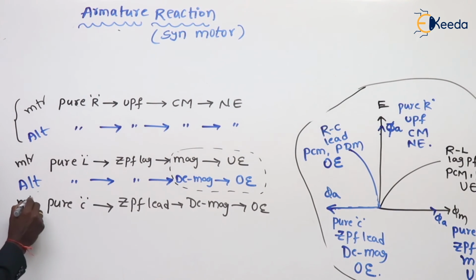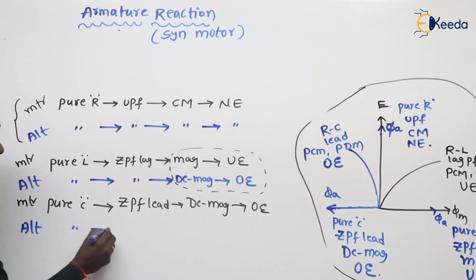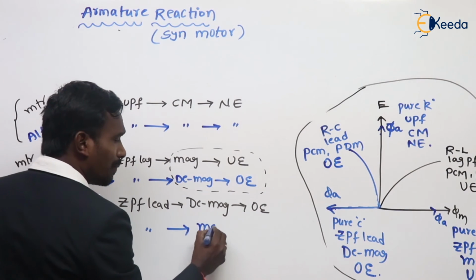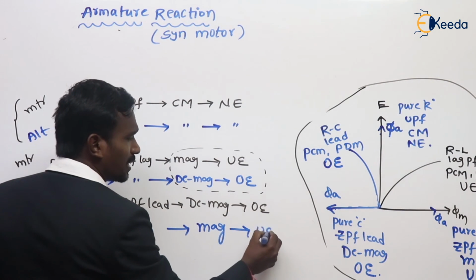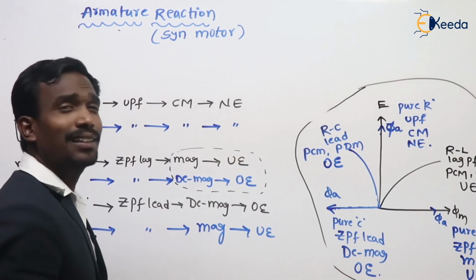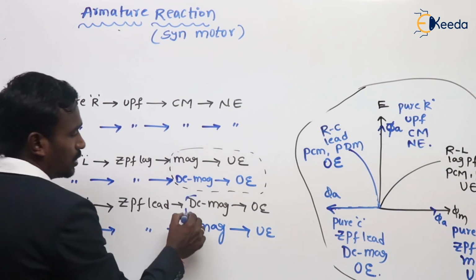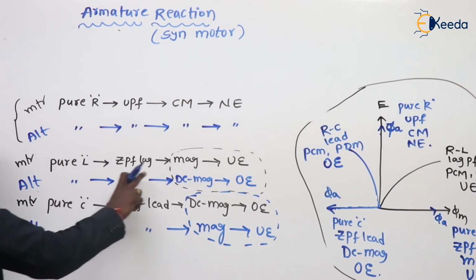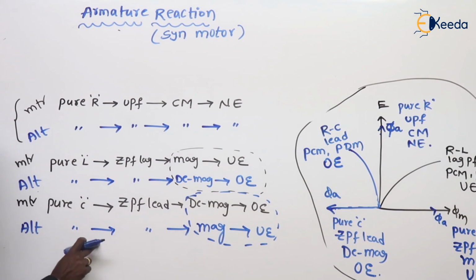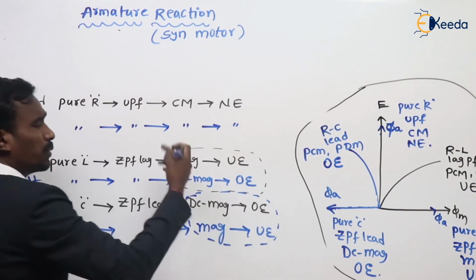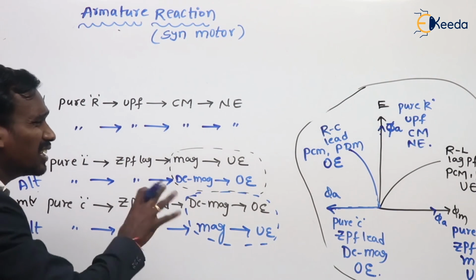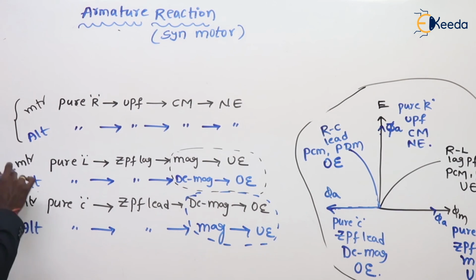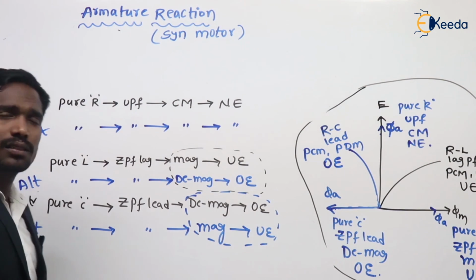For pure capacitive load in the alternator, zero power factor leading is the same, but here it is magnetization, and if it is magnetization, excitation is under excitation. Here also these two are interchanged: the pure inductive load results equal the pure capacitive load results and vice versa. This is for motor and alternator armature reaction results.